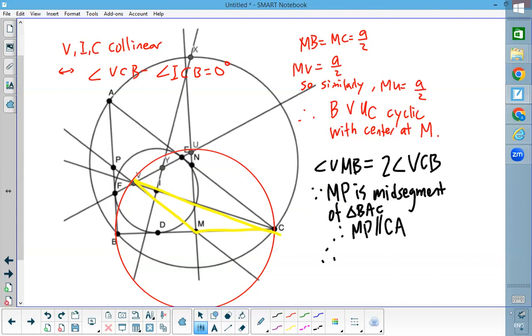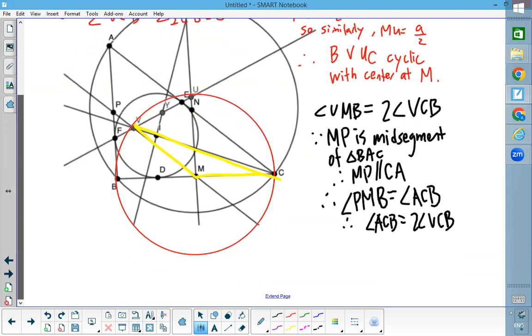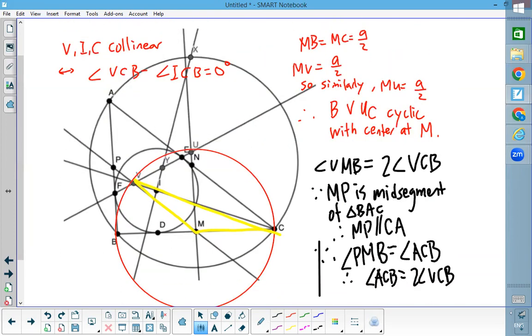So we can use the parallel line axiom: the angle PMB, which is like VMB, because V is on the line by construction, is equal to the angle ACB. So therefore we have the angle ACB is equal to 2 times the angle VCB, which means that the angle VCB is equal to half of that.